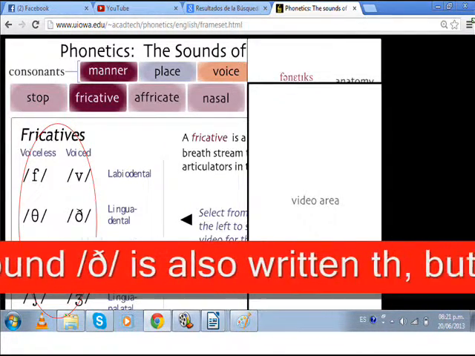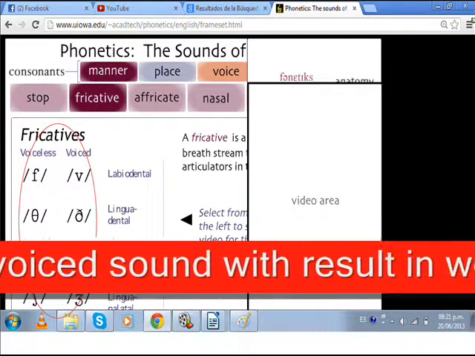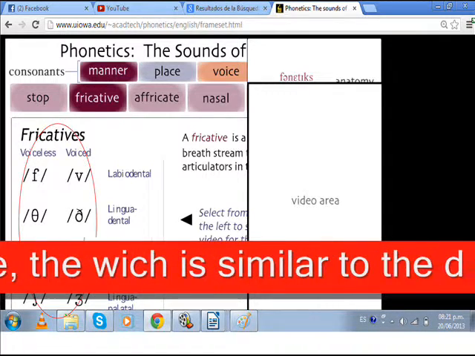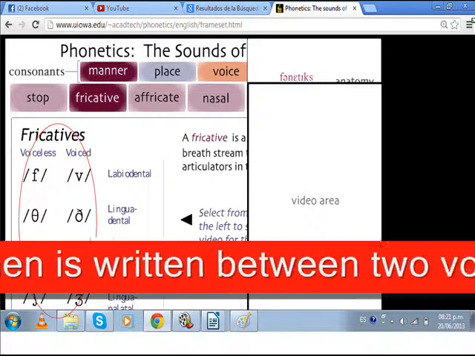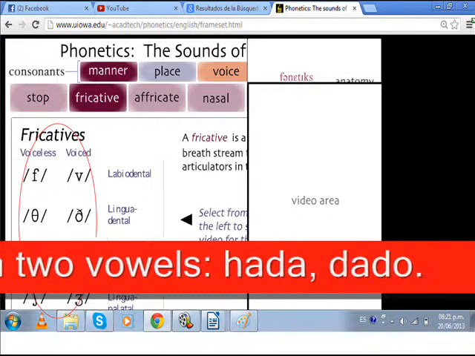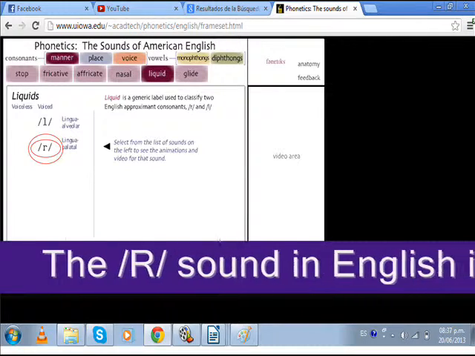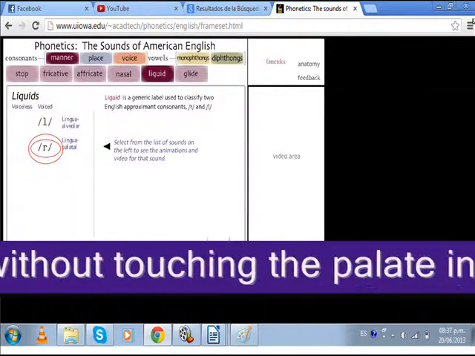The sound is also written th, but is a fricative voiced sound, which results in words like those, they, which is similar to the D in Spanish when it's written between two vowels, ada, dado. The sound in English is produced with the tongue raised but without touching the palate.